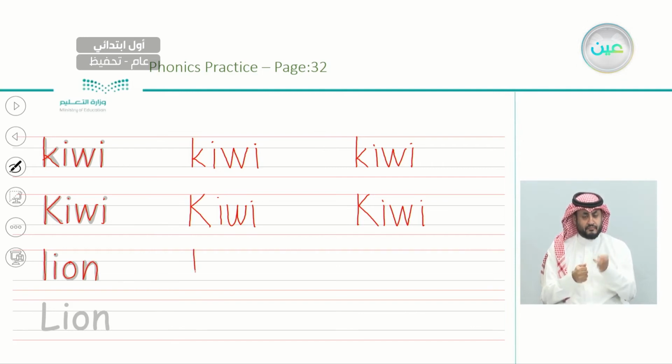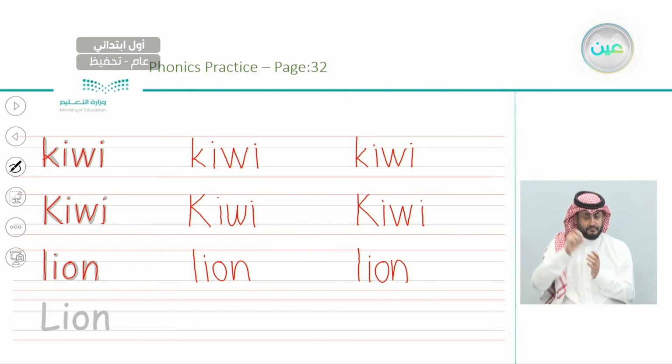Again, L, I, O, then N. Okay, last time here, L, I, O, and N. So this is lion.